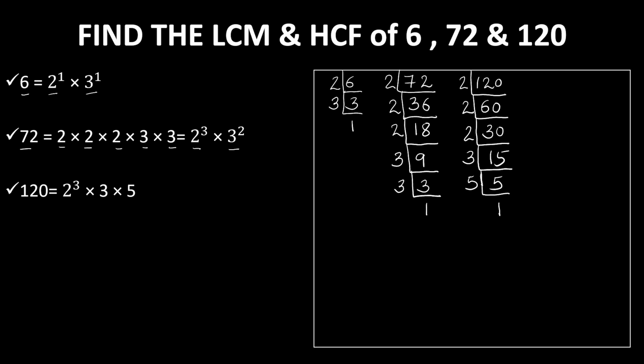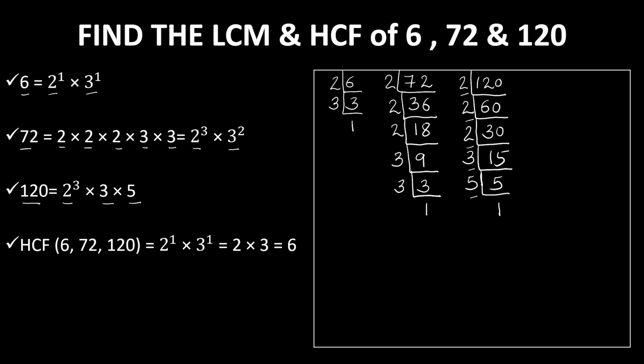Now next we are writing 120 as a product of its prime factors. You could observe there are 3 twos, and we got one 3 and one 5. So we are writing 2 raised to 3 into 3 into 5.